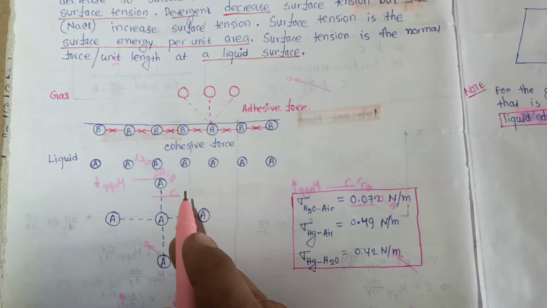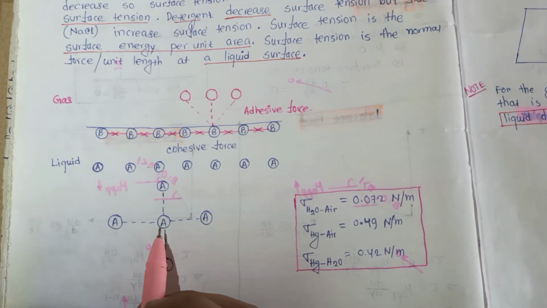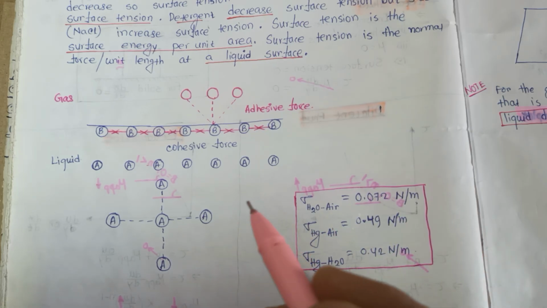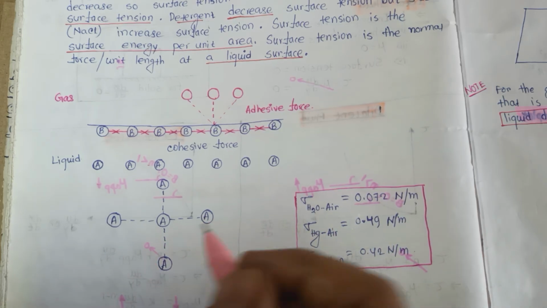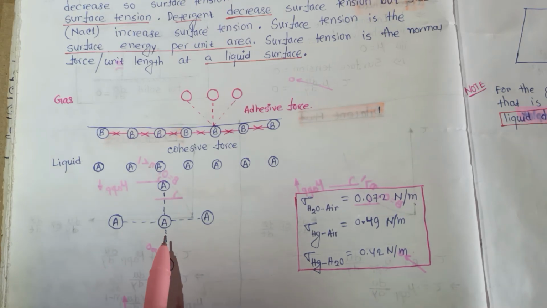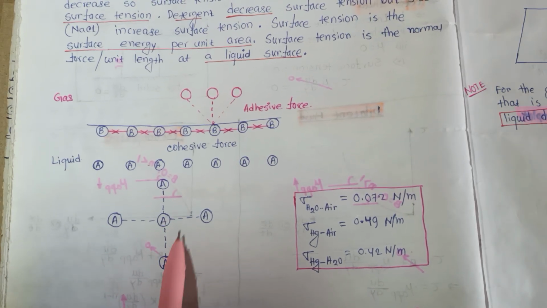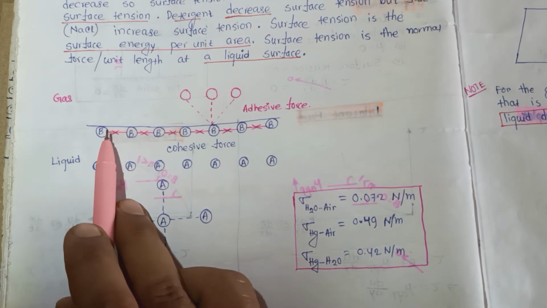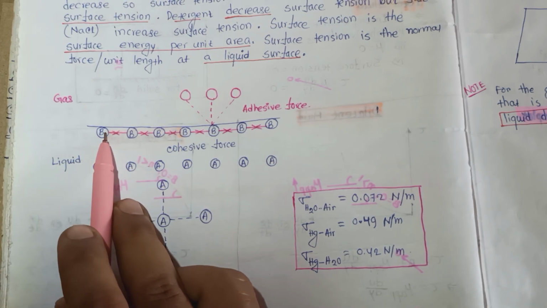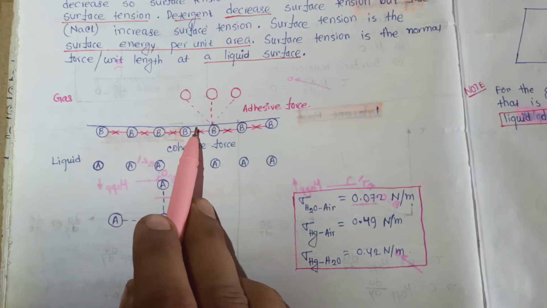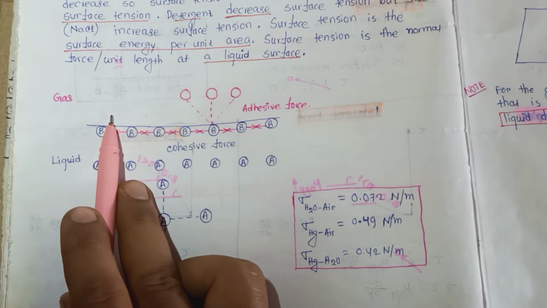In the liquid region every molecule has an attraction force. This is known as cohesive force. When the same molecules attract each other, that is the cohesive force. That's why the forces are balanced here. But in this region there is a liquid molecule, here also a liquid molecule, but here a gas molecule.